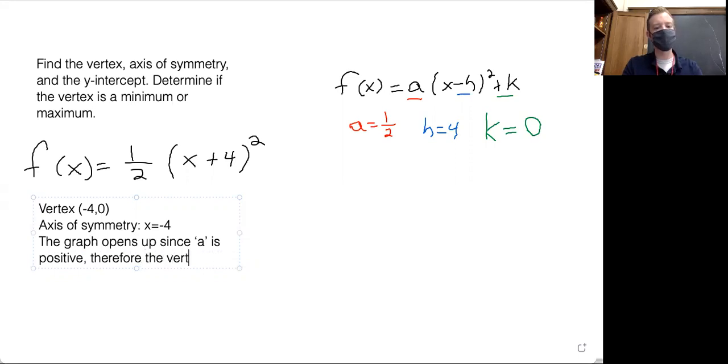So therefore, the vertex is a minimum. So we've got 3 things we've found. The last thing we need to find is the y-intercept here.